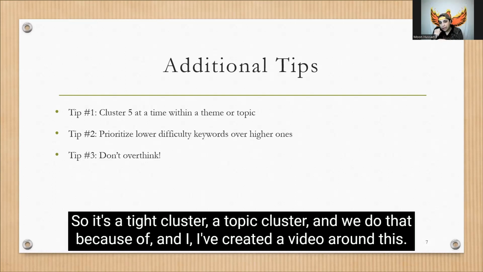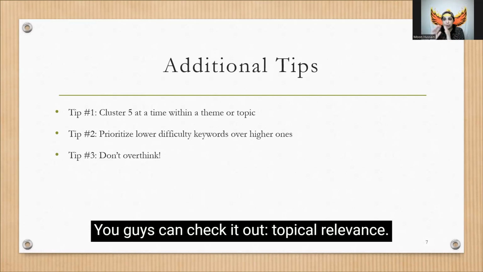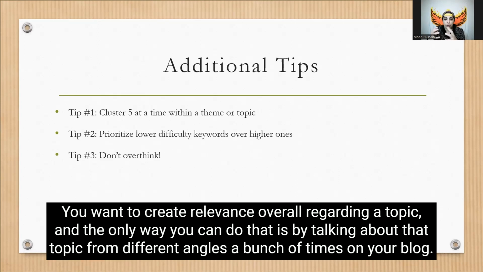So it's a tight topic cluster. We do that because of topical relevance, and I've created a video around this, you guys can check it out. You want to create relevance overall regarding a topic, and the only way you can do that is by talking about that topic from different angles a bunch of times on your blog.